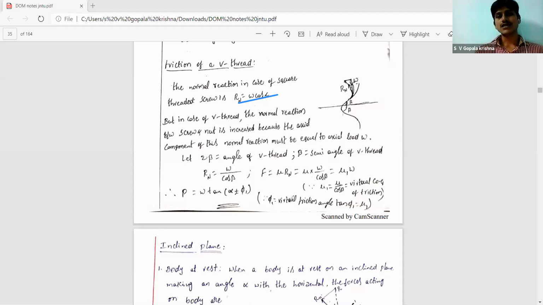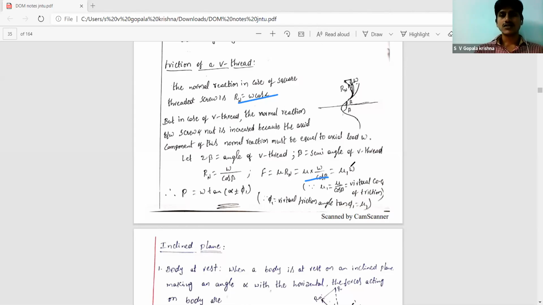And now the frictional force. So what is the frictional force value? That is mu Rn. So all of you observe that here mu into Rn is substituted. Rn is substituted here. So the Rn value is how much? W by cos beta.